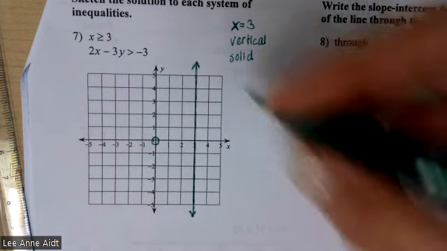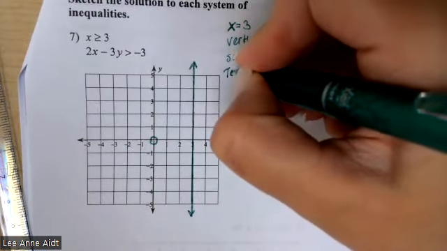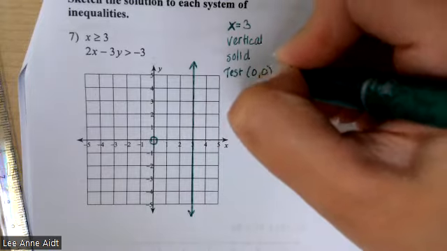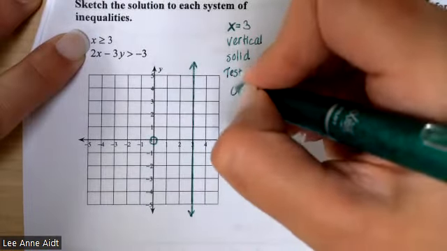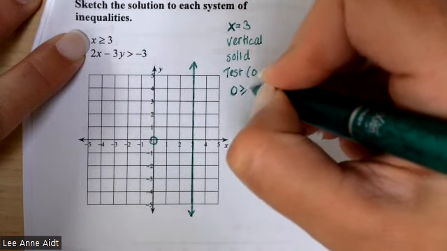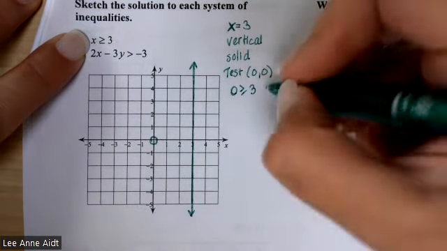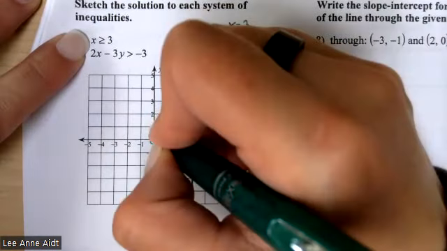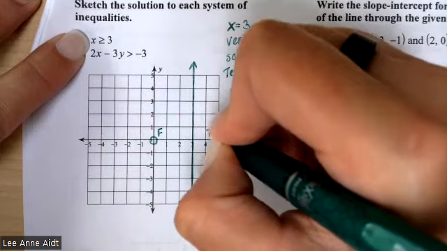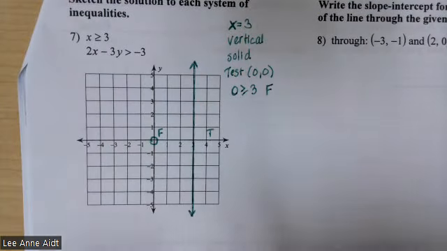Now I'm going to test 0, 0. I'm going to put it back in here. So 0 is greater than or equal to 3. False again. Now we have too many falses in a row. So this side of the line is true.